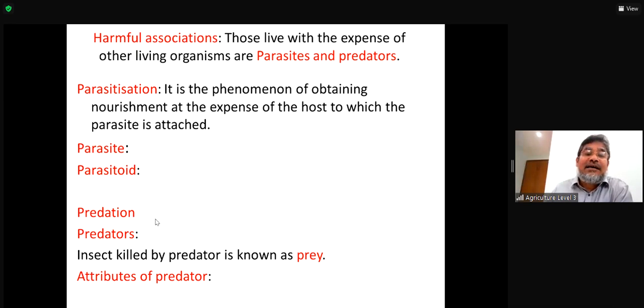The insects are interacting with the predators. When the predator population increases, the pest population will automatically go down. When the parasitoid population is high in the fields, the pest population will automatically go down. So there is a relationship, a numerical relationship or functional response.